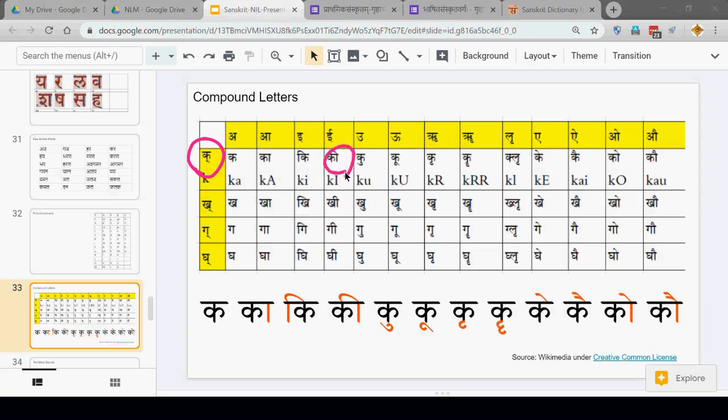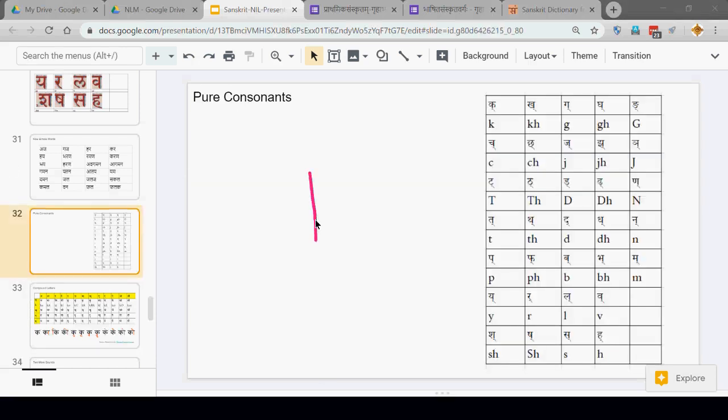sounds like ki. It is written like this: first write the base symbol for that vowel and add a vertical line after that, and then use the loop or the circle at the top, starting from the second vertical line of that consonant if there are two vertical lines touching that horizontal line.